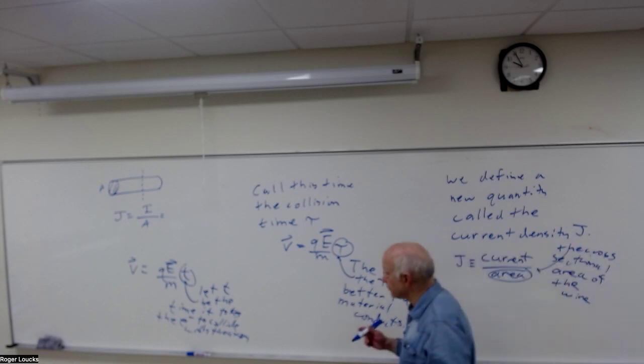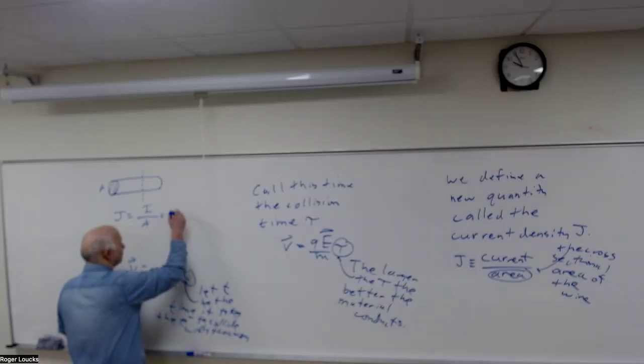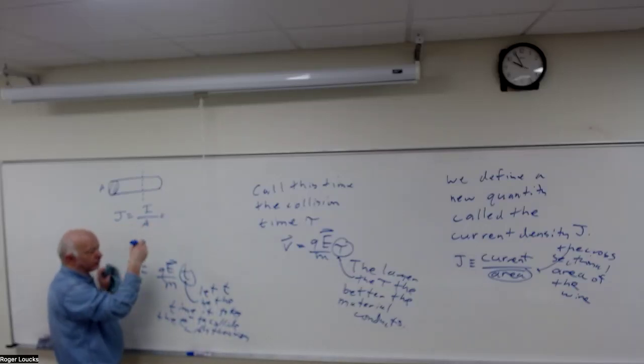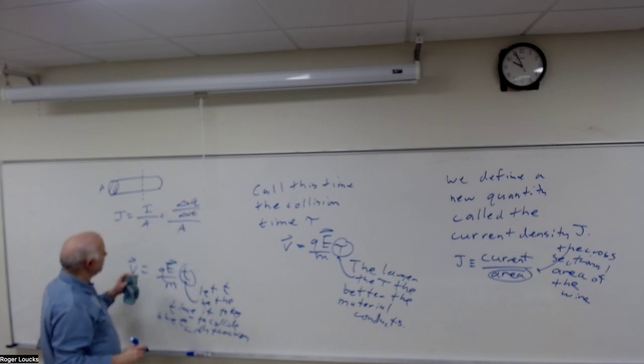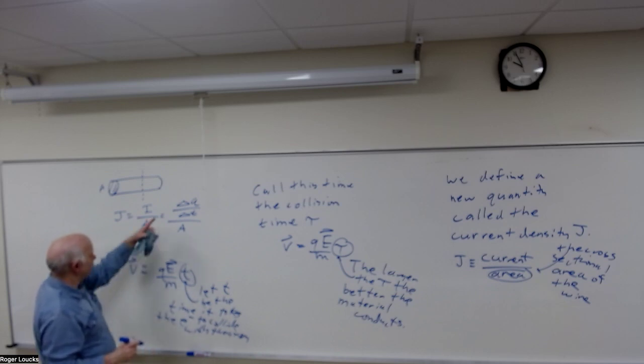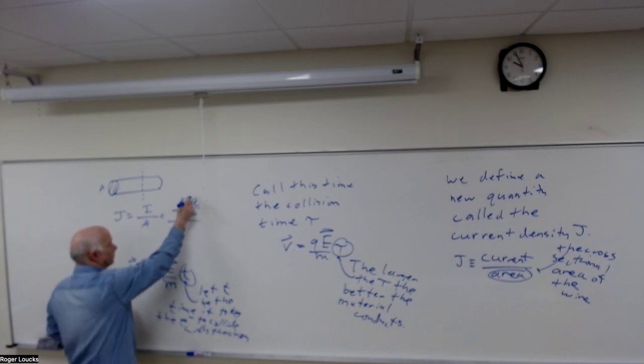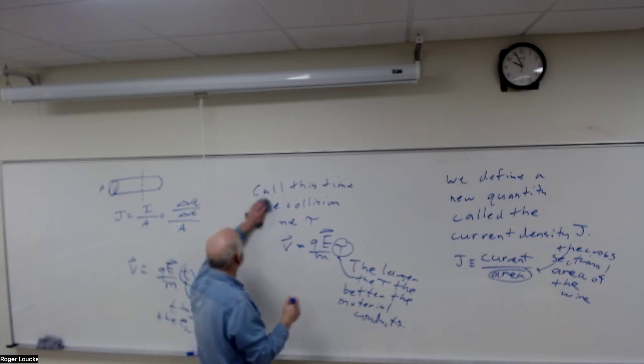It's dQ/dt. So I'm going to write this delta Q over delta T over here. Now, let's figure out how much current we're going to have here. Let's figure out this delta Q.